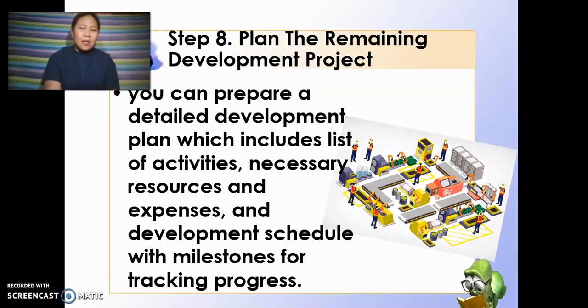We must have a plan from the start, planning the whole idea from gathering the concepts to gathering the customers' needs and wants. Until we finish the project, we must track the development of our product from the time that we conceptualized it until the time that we are going to offer it in the market. So we must plan the remaining development project.